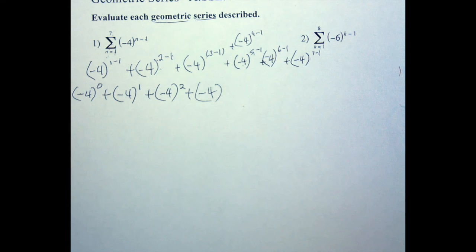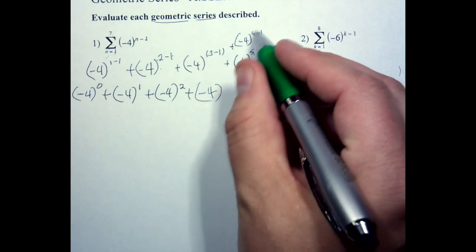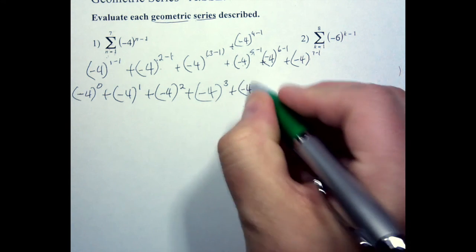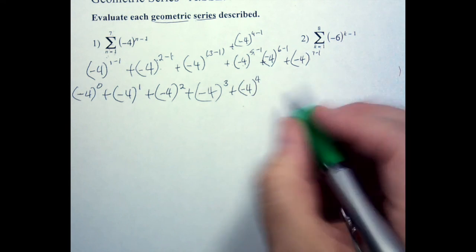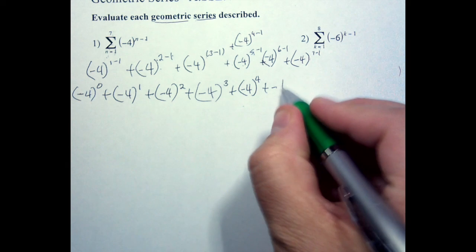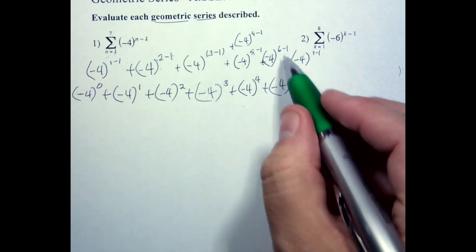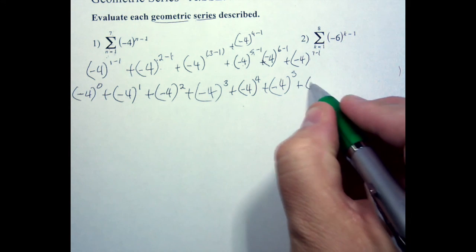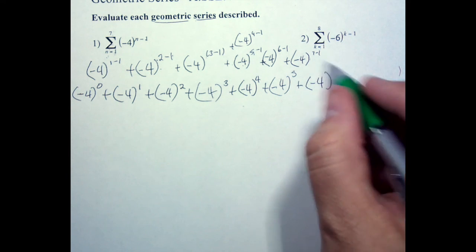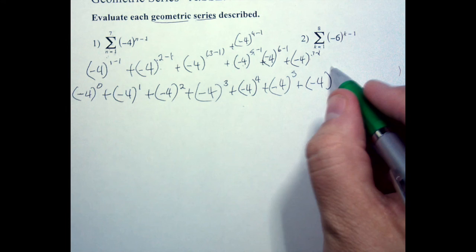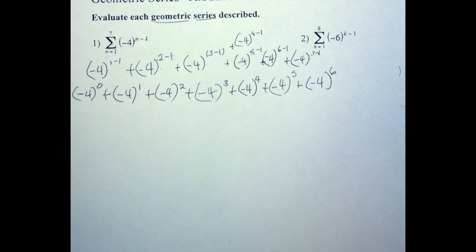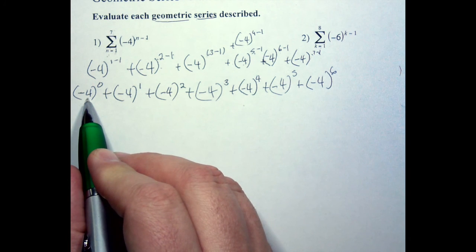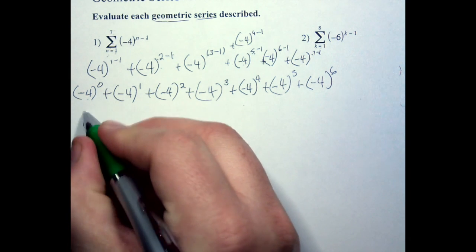Somehow I skipped over it. So that 4 minus 1 should be 3. Plus negative 4 raised to the 6 minus 1, which is 5, plus negative 4 raised to the 7 minus 1, which is 6. Remember, anything raised to the 0 power is just 1.